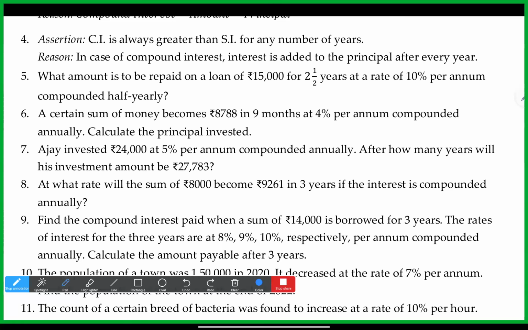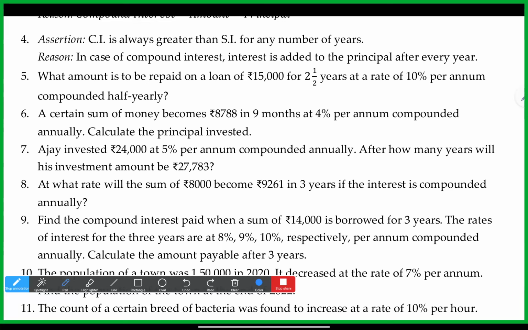Actually, Yashwa, for the fourth question, once you confirm the assertion statement, I am doubtful about the assertion statement from the teacher or someone, because CI will be equal to SI for the first year, and from the next year onwards, it will always be greater than SI. So they said always greater than SI for any number of years. So clarity is required according to me, because they use always.